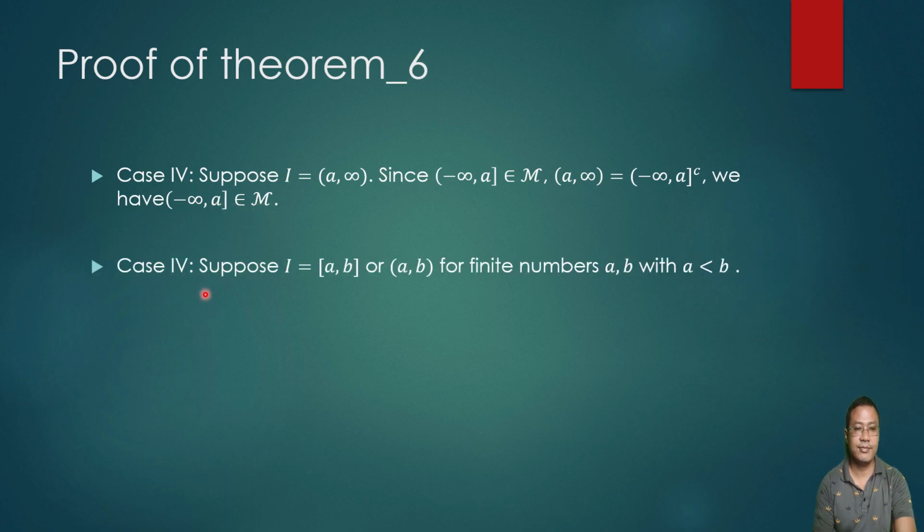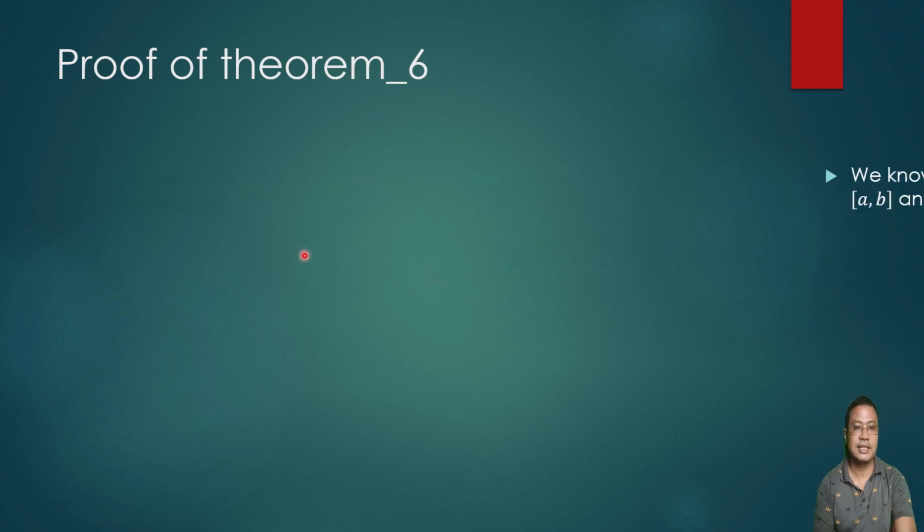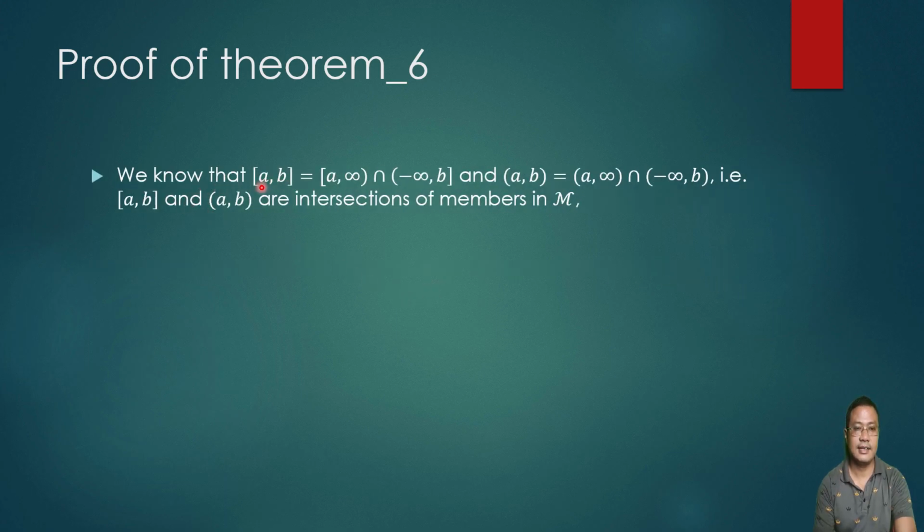Case number 5. Suppose I is a finite closed interval or a finite open interval, so a and b are finite, with a less than b. We know that the closed interval a, b can be written as the intersection of these two intervals. But these two intervals we have already shown are in M, so their intersection will also be in M. That means this set is measurable.